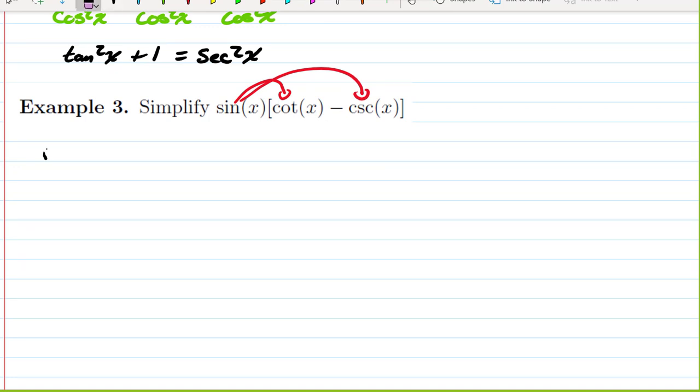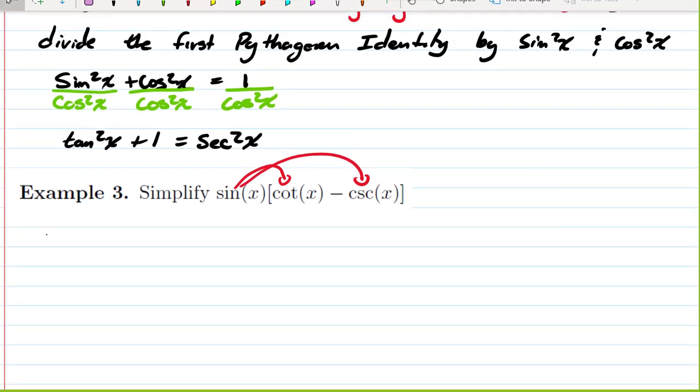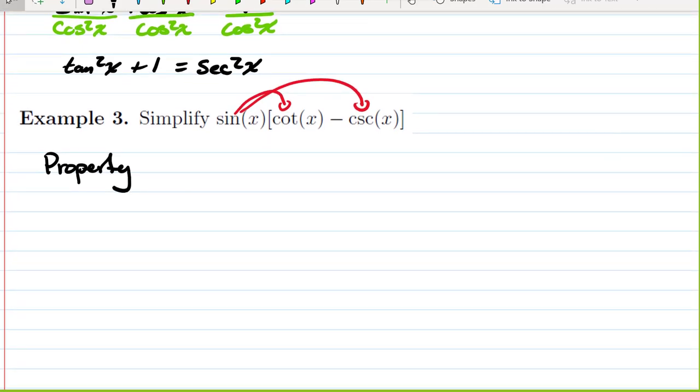To help keep me organized, I'm going to mention the properties that I'm using during each step of my simplification, and then what I'm going to get. So the first thing I'm going to do is distribute.